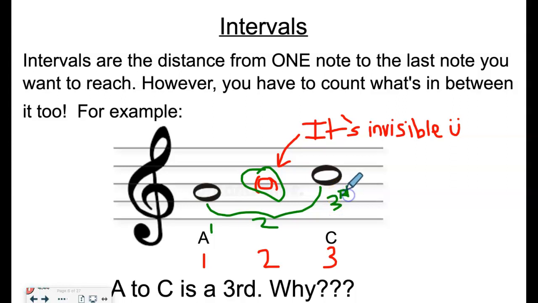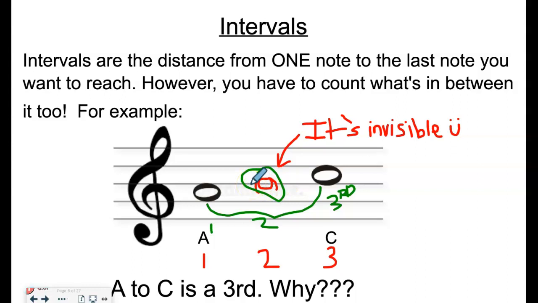Why? Because if you just counted these two notes, 1, 2, well, that really doesn't show you the exact distance, right? And plus, A to C, you're kind of leaving out the note that's in between there.